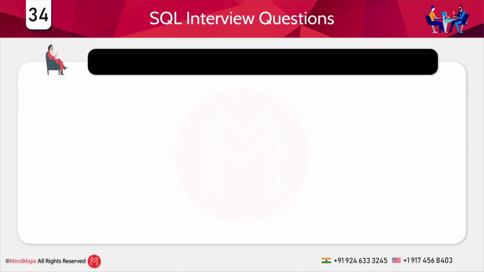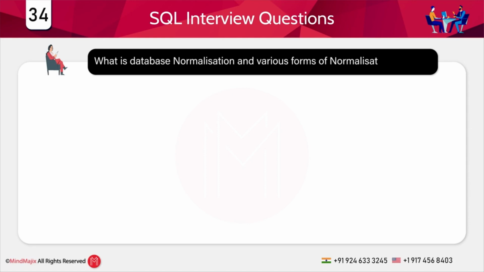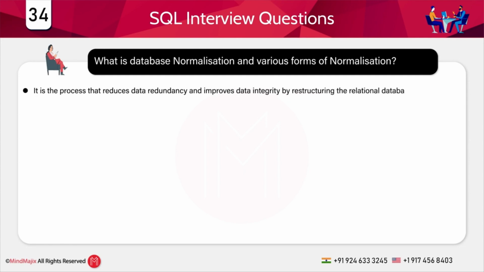The next question over here, and this is a very important question, is what do you mean by database normalization, and what are the various forms of normalization? Data normalization is the process that reduces the data redundancy and improves the data integrity by restructuring the relational database.